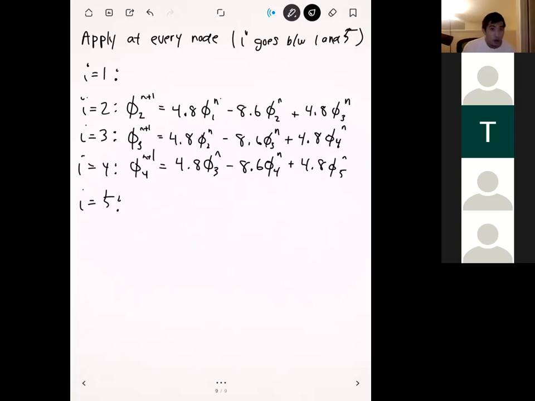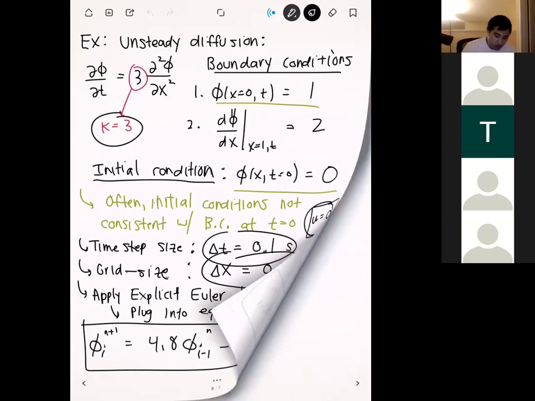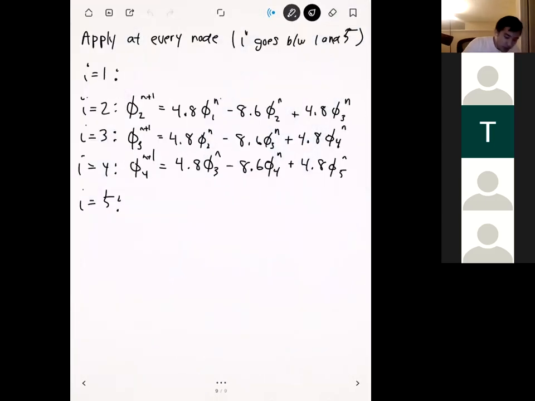All right, so let's talk about the boundary conditions. If you remember from the previous page, we have a Dirichlet boundary condition at x equal to 0. That Dirichlet boundary condition says that phi 1 is equal to 1 at all times.